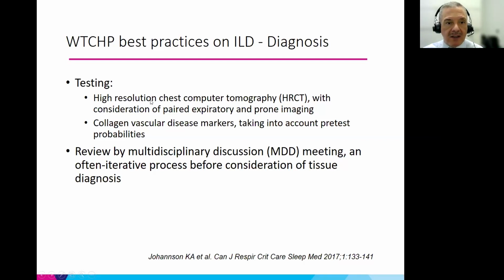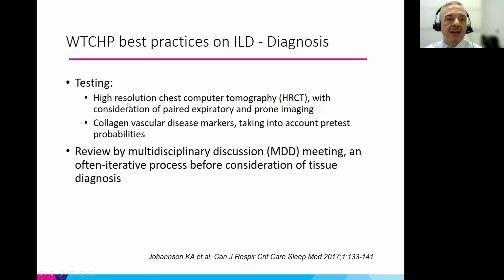The other aspect is the high resolution chest CT with consideration of paired expiratory and prone imaging. And I hope I get a chance to explain why that is, but all chest CT scans are not made the same, and low dose CTs are not ideal.